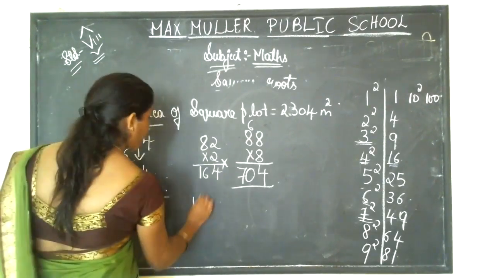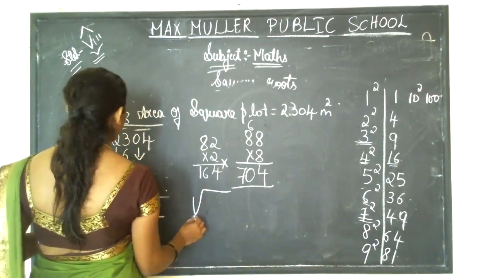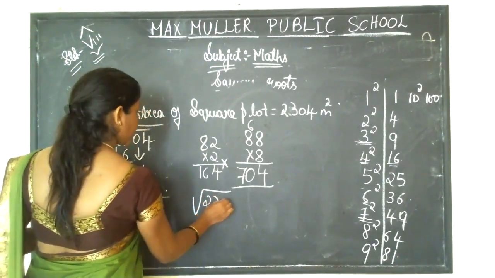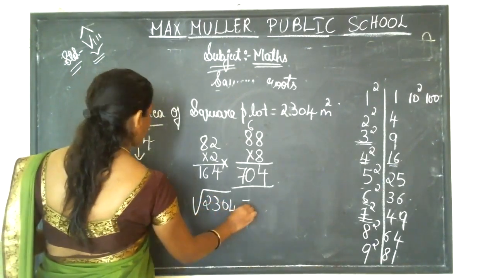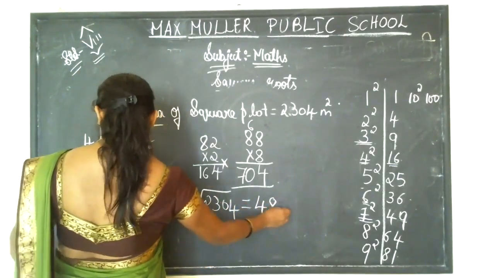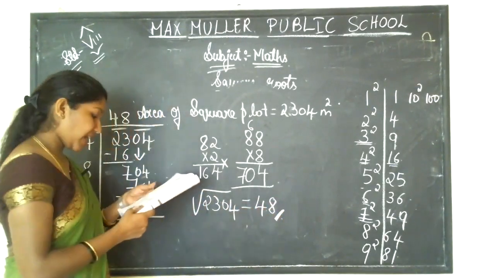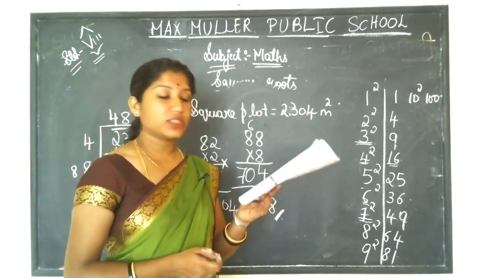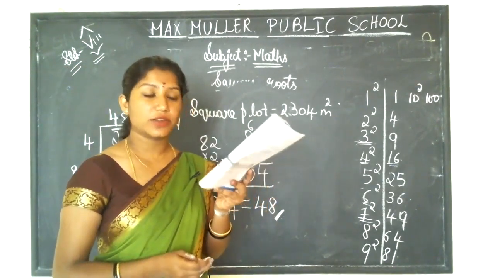So the square root of 2304, the total area, is how much? 48. Each side, side into side into side into side.